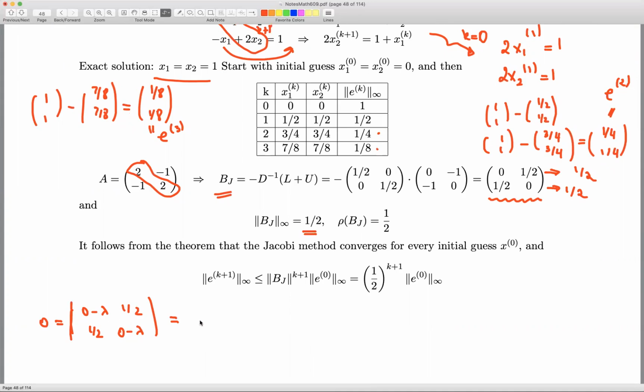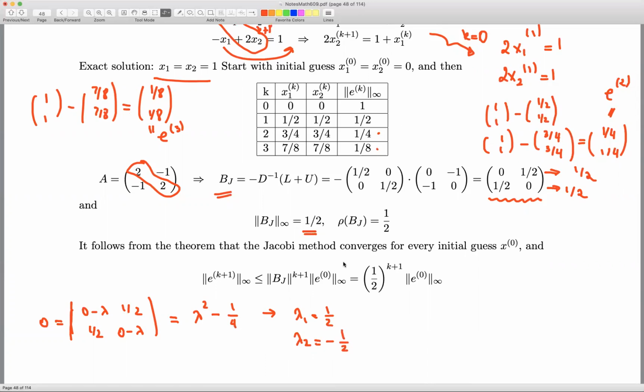So we'll have this times this, which will be lambda squared minus 1/4. This is the characteristic equation, which will give you that lambda 1 is equal to 1/2, and lambda 2 is equal to -1/2.